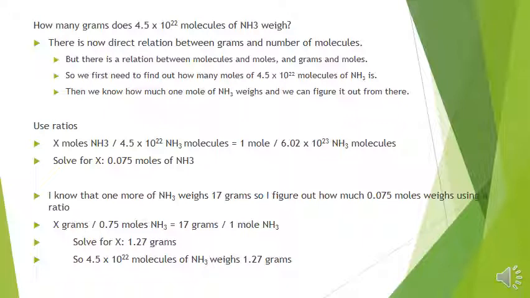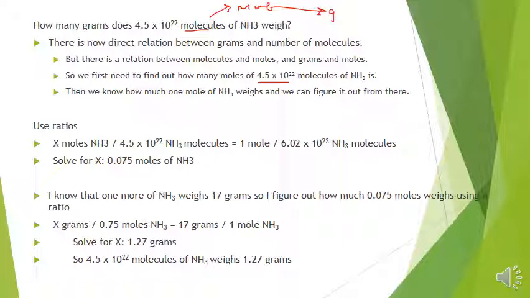I have to first find out how many moles this is, and then I can figure out how many grams, because there's no direct relationship between molecules and grams.